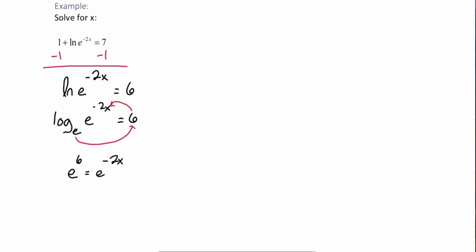Now recognize that we have powers of the same base. e to the 6 equals e to the negative 2x. We can simply ignore the base and set the exponents equal. So 6 equals negative 2x. And then divide by negative 2, we get that x is negative 3.